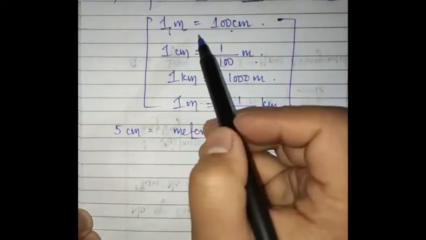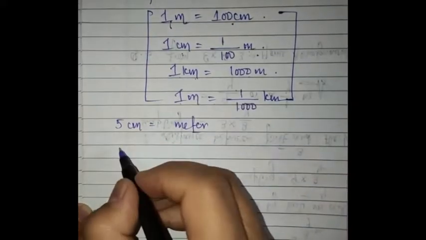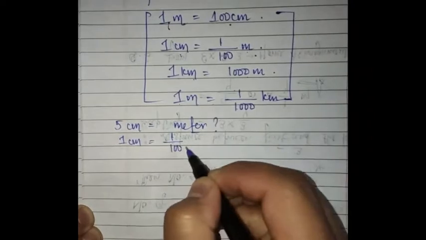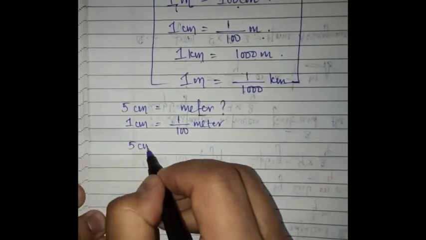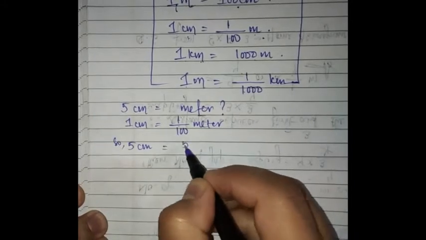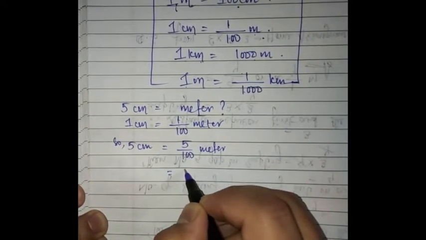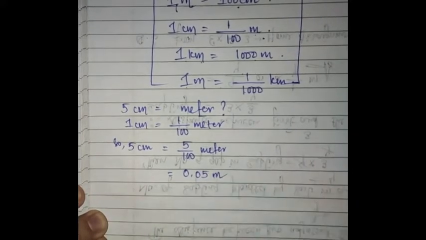You know 1 centimeter equals 1 by 100 meter, so 5 centimeter will be 5 by 100 meter. Let us write this in decimal form. If you divide this, you'll get 0.05 meter.